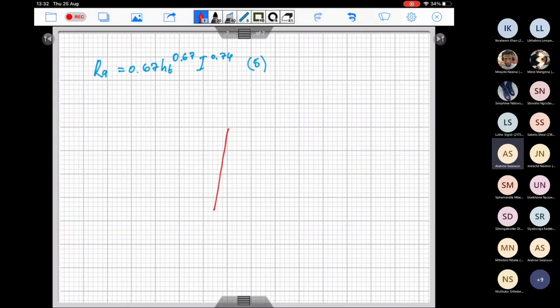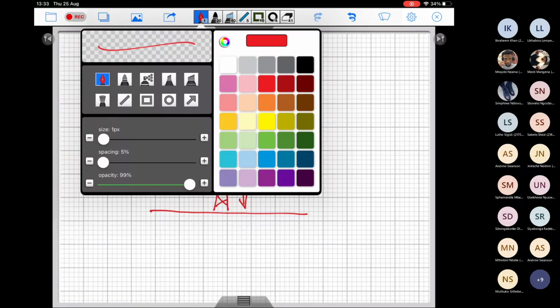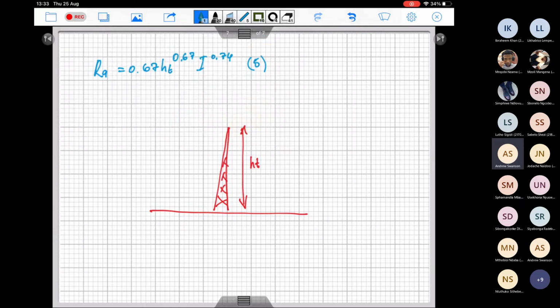So if we've got an object, that object is height HT. Right.